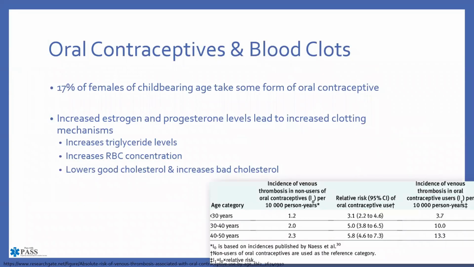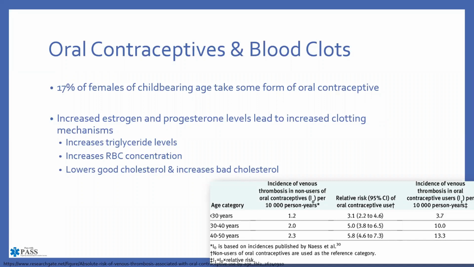So, oral contraceptives and blood clots. This is kind of an interesting thing. It's all tied to basically drospirenone, which is one of the constituent parts in some of these oral contraceptive medications. So it is not every oral contraceptive that women take that will put them at an increased risk for having a pulmonary embolus.